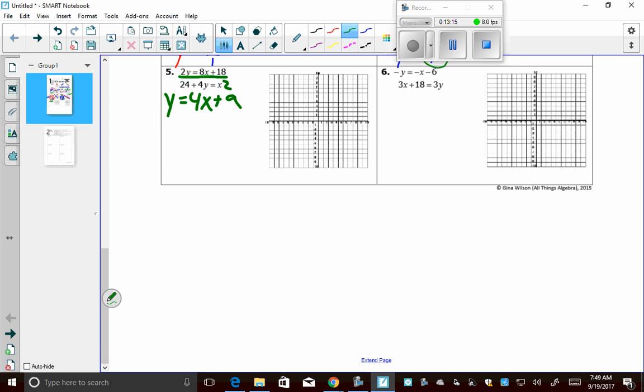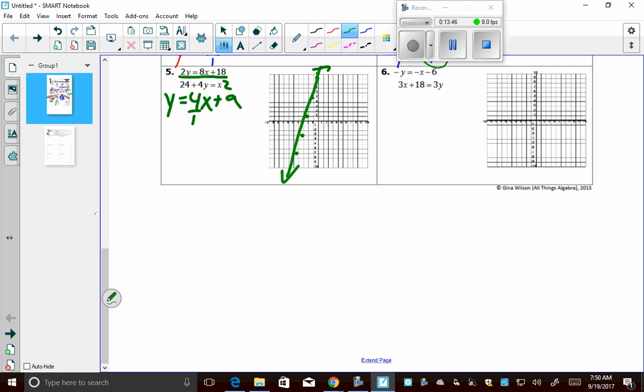So to graph it, I'm going to put a point at 9, which is about up here, and then I'm going to go down 4 over 1. And I'm just going to keep going until I just run out of room. And I'm going to draw my line.